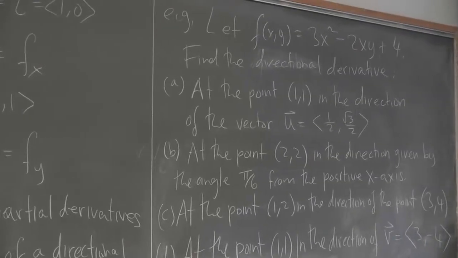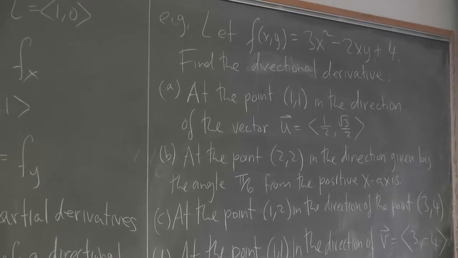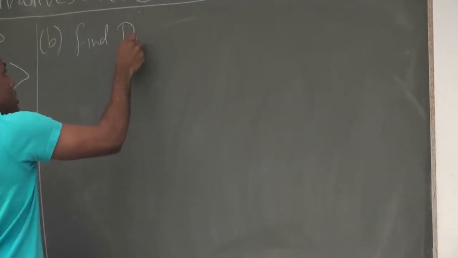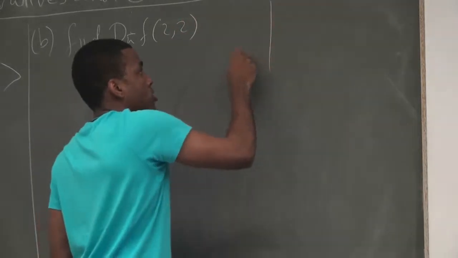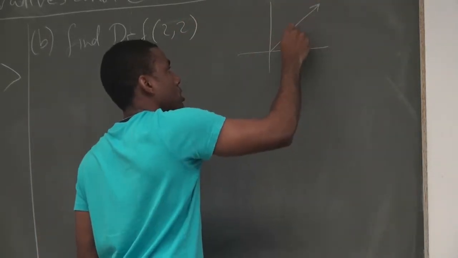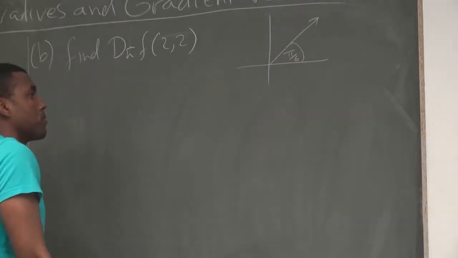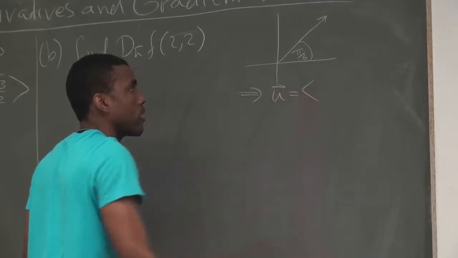B. Now we're at the point (2, 2) and want to move in the direction where we're at an angle of pi over 6 from the positive x-axis. So find D_u f at (2, 2), where this time our direction is given by this angle. So u would be equal to what?